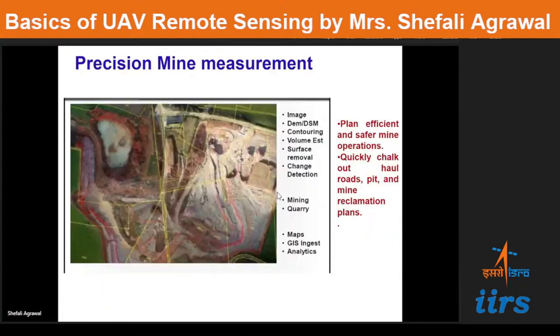Then even in mine measurement, we can go for planned, efficient and safer mining operations, get the volumetric analysis, quickly chalk out the pits, and mine reclamation plans can also be effectively planned.